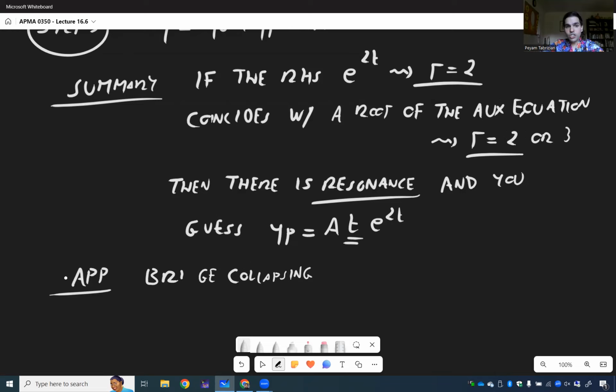And the other question you may have is, why this extra t? So why do we guess a t e to the 2t? The short answer is you want something more complicated than e to the 2t. The long answer is you can try doing this using the factoring method, and you will find there's an extra t that appears from integrating a constant, just like for repeated roots.